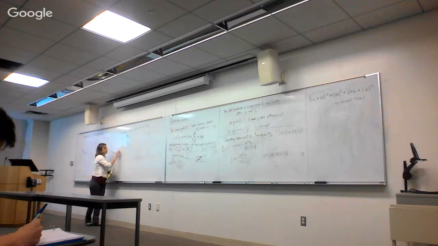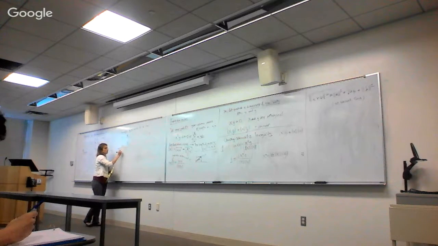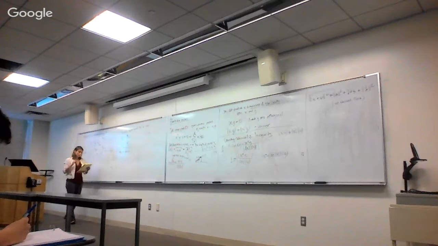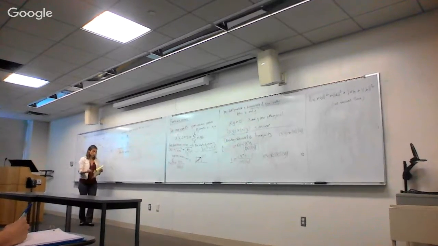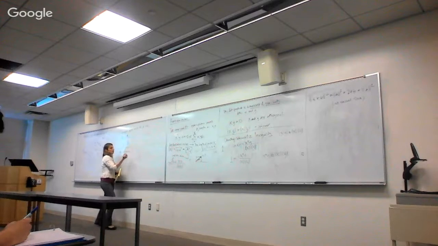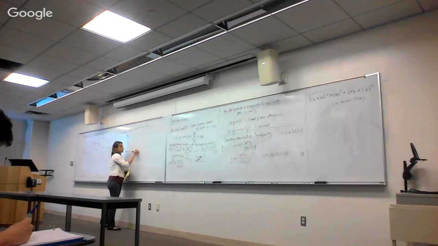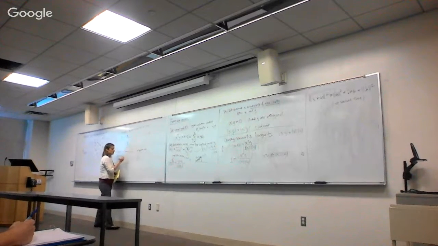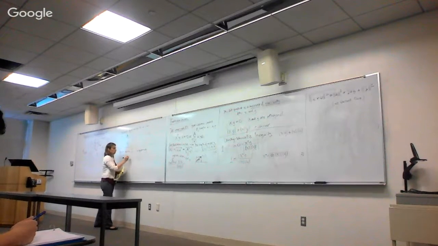There's a special matrix. So in the square case, this is basically just a Kronecker delta function.